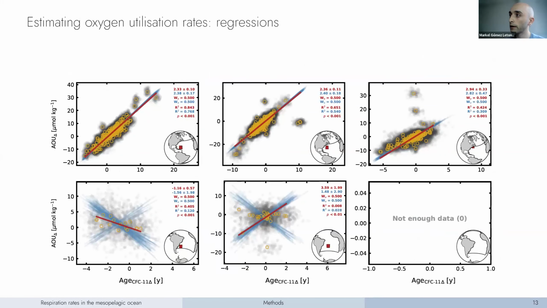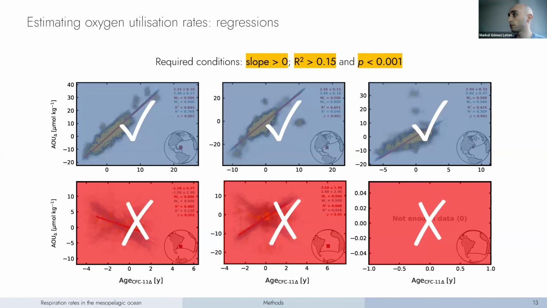Then we kept the regressions that were positive, which were basically all of them, but also filtered, keeping only those with an R-square above 0.15 and p-value below 0.001. In these examples, the top row would fulfill these criteria and the bottom row would not. So we kept only those that fulfill the criteria, as in the top row.